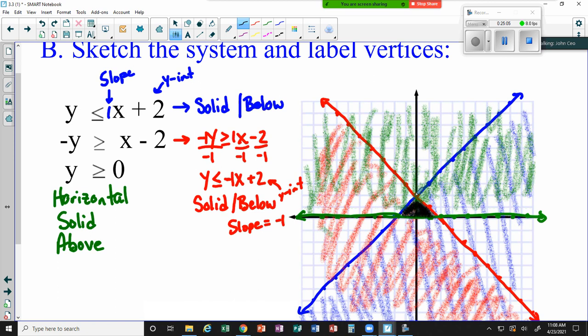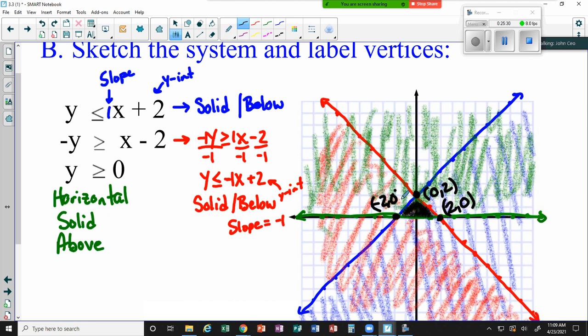So this vertex is the point what? Zero comma 2. This vertex is what? 2 comma 0. And this vertex is what? Negative 2 comma 0.